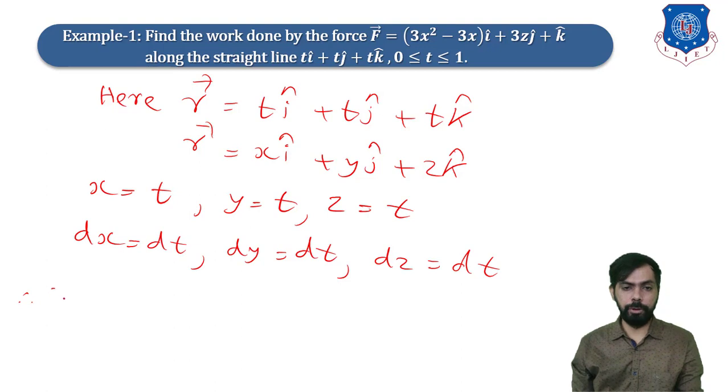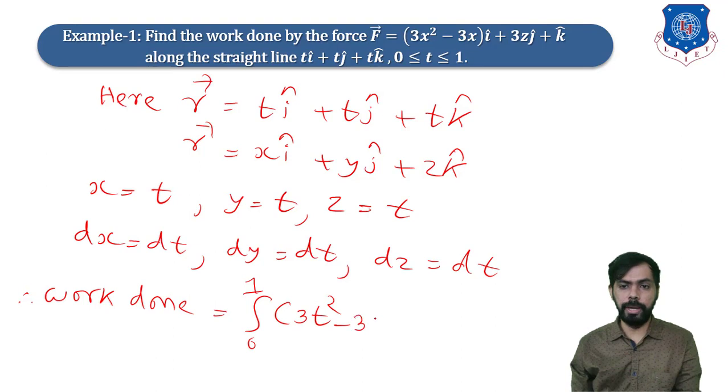Therefore work done will be the integration from 0 to 1. Instead of x we will write t because x is equal to t, so (3t square minus 3t) dt, plus the next term is 3z and here z is t, so it will be 3t dt, plus 1 into dt.